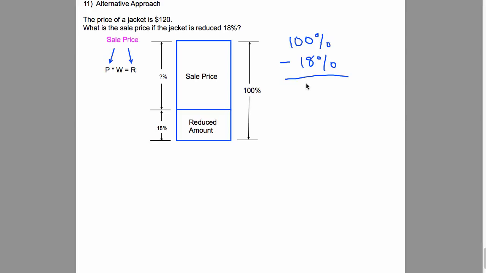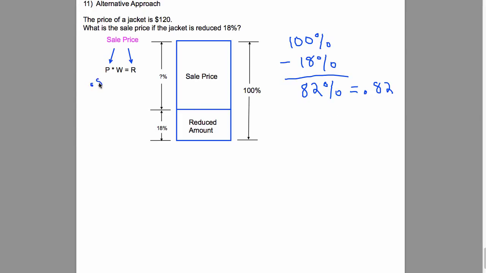So you wind up paying 82% of the jacket's original price, which equals 0.82. So we can use that in our power formula.